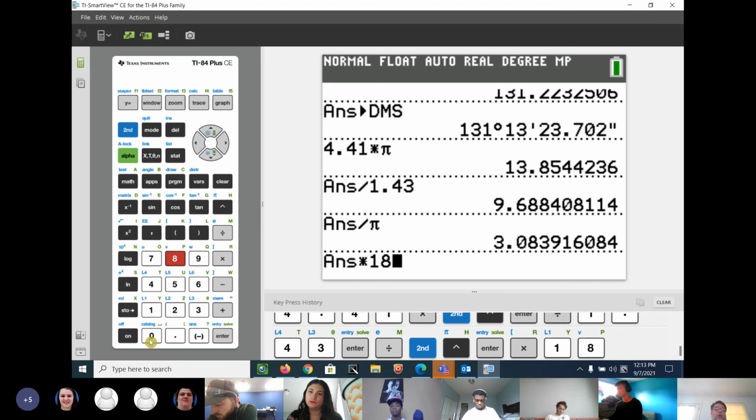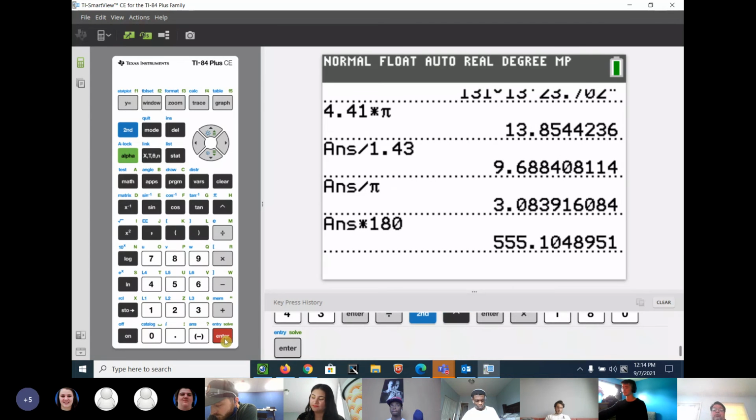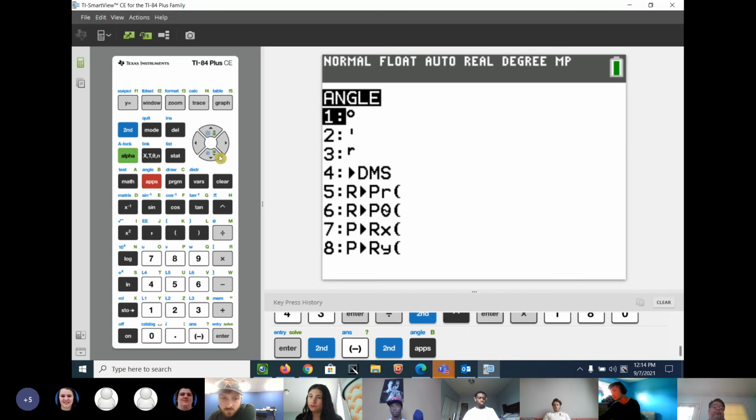So our little gear turns 555 degrees. Uh-oh, what's the problem? Let's change that into degrees, minutes, seconds. Somebody tell us what the problem is.